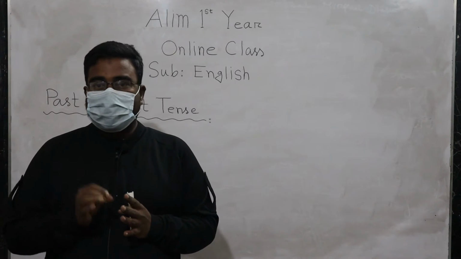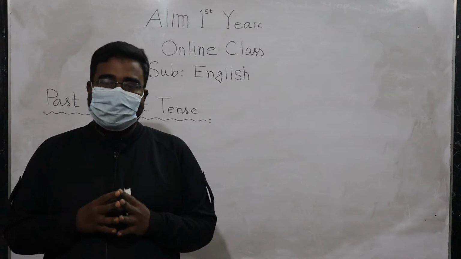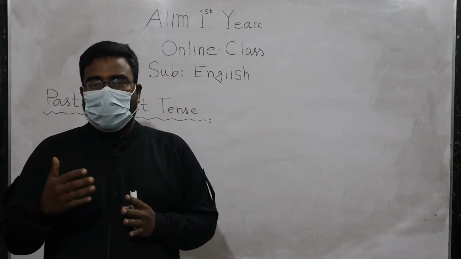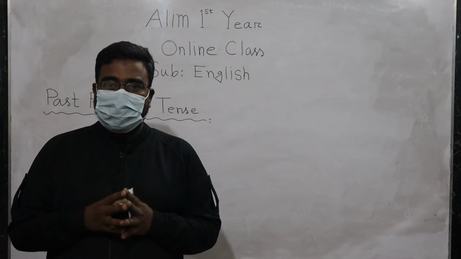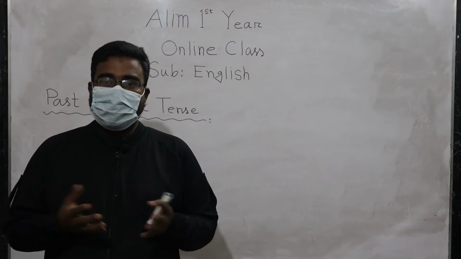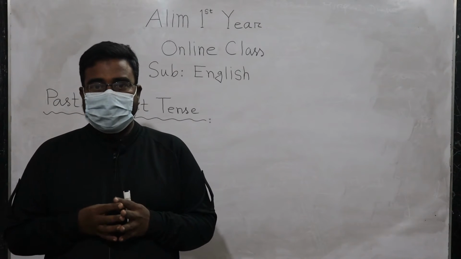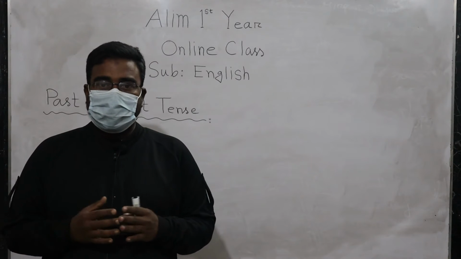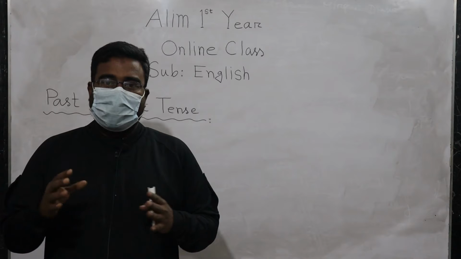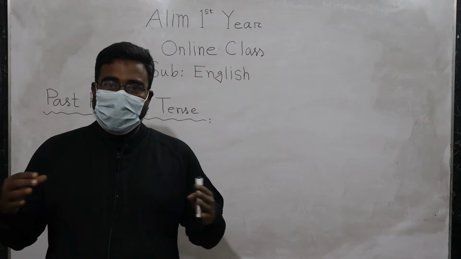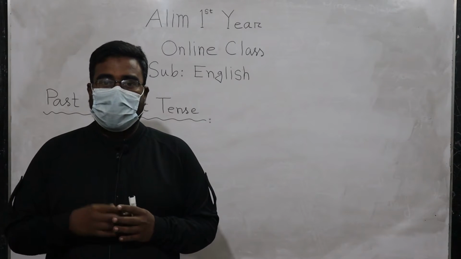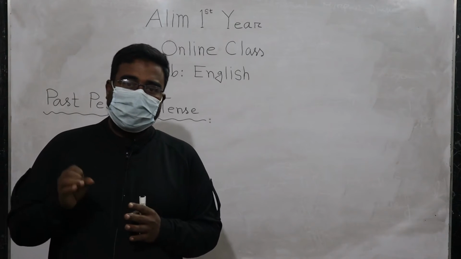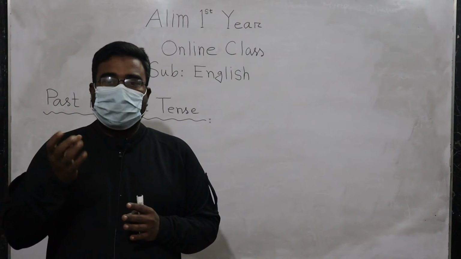So from these discussions we learned that we usually have two actions in the past. One is past perfect tense and the other is past indefinite tense. That means these two actions are related to each other, and they are often connected with before or after.